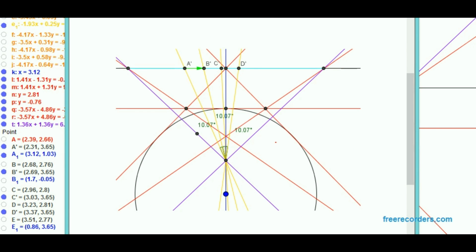Okay then, so we can also see these imaginary points by thinking about this algebraically.